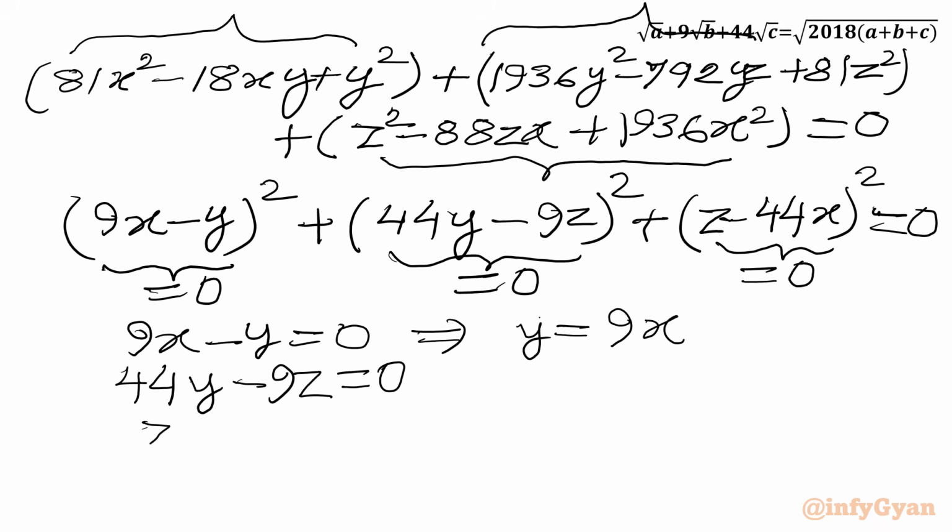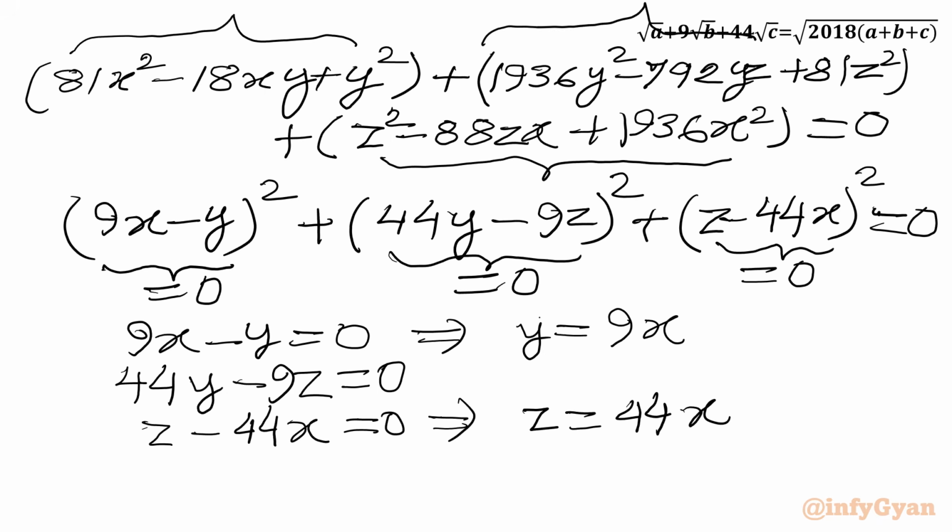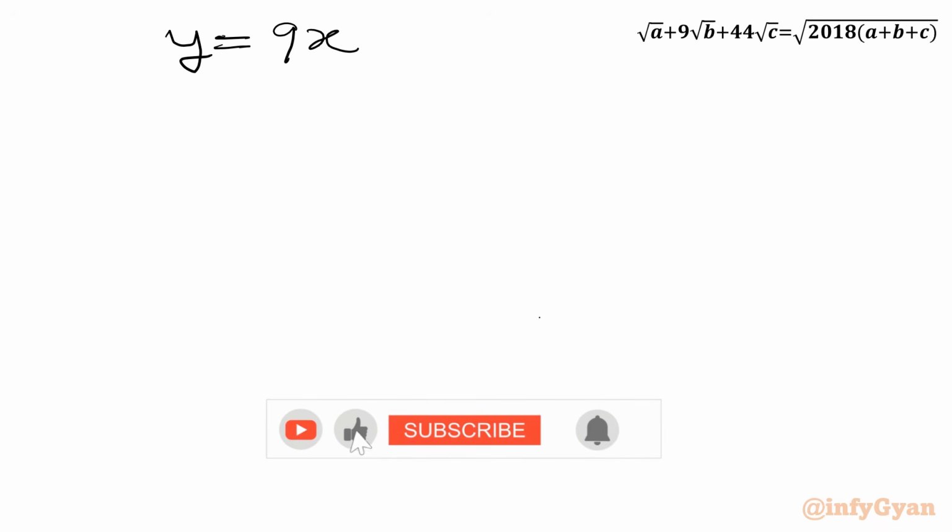And from the third equation, z minus 44x equal to 0, from here I can find z equal to 44x. Now we have to find (b + c) over a, which is (y² + z²) over x², where y is 9x and z is 44x.